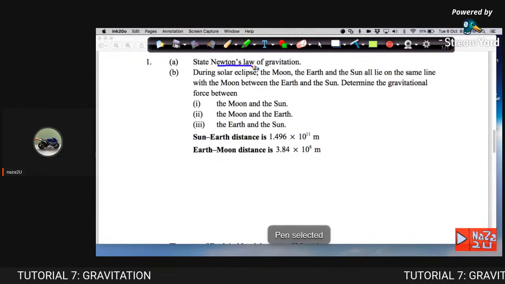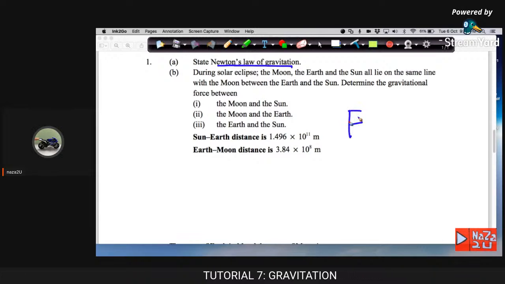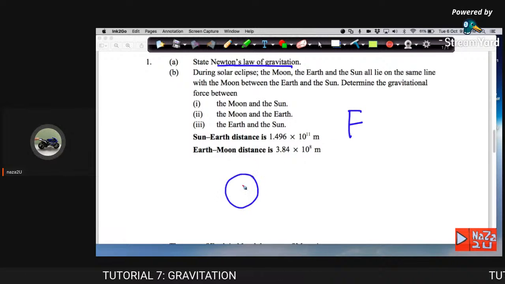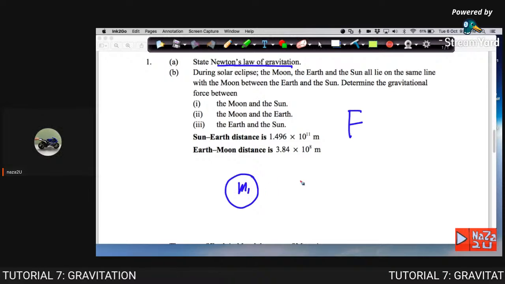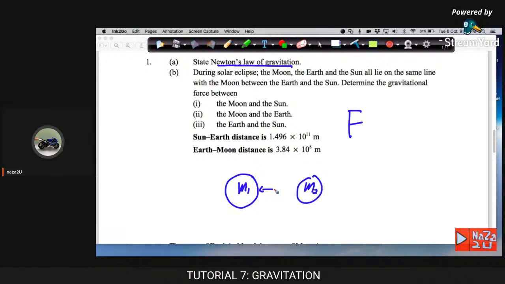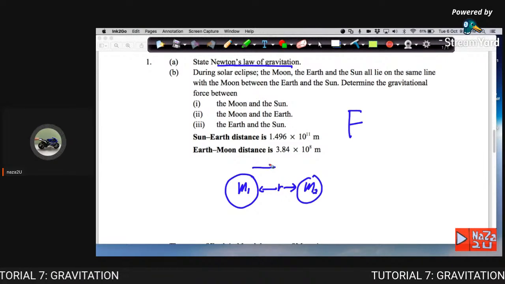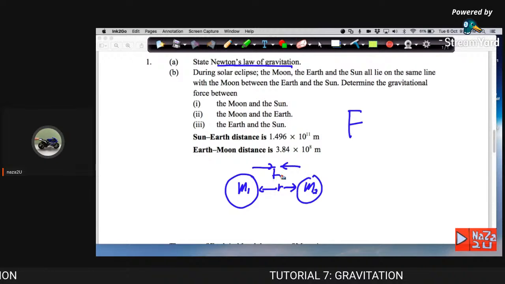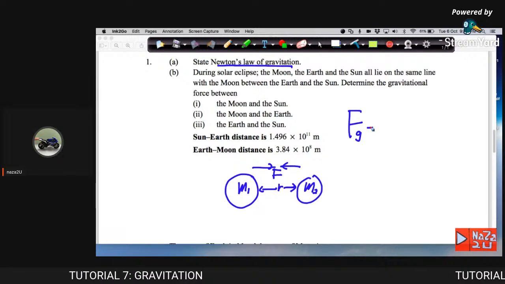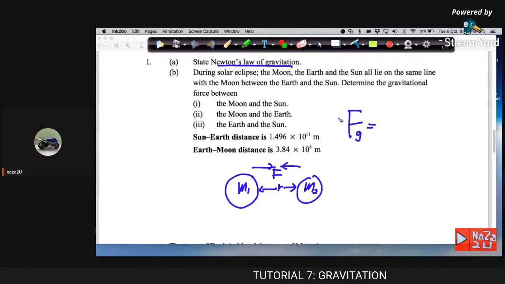Okay, Newton's law of gravitation. Let's say you have two objects, mass 1 and mass 2, and the distance between the two objects is equal to r. So we have the attracting force between the two objects. Force ini biasa kita rujuk ataupun dipanggil sebagai gravitational force.